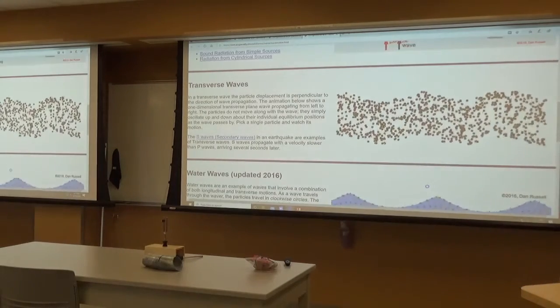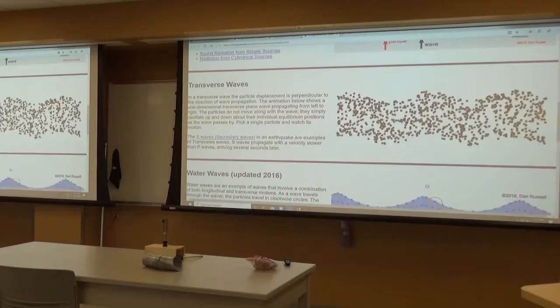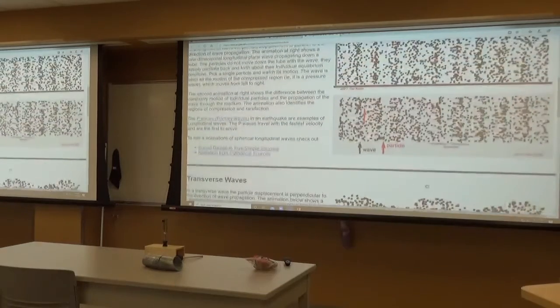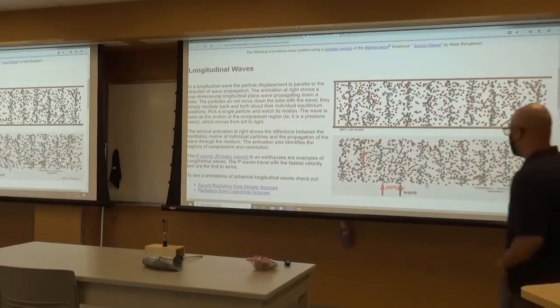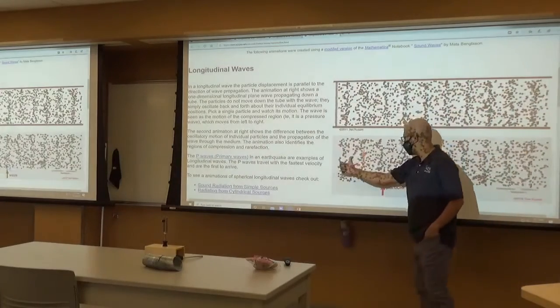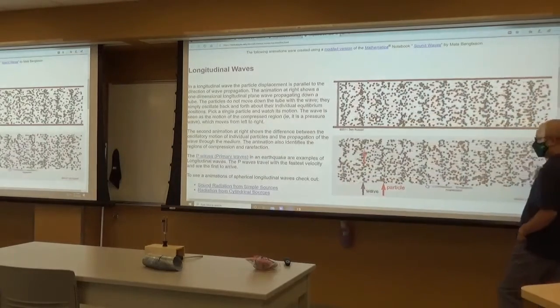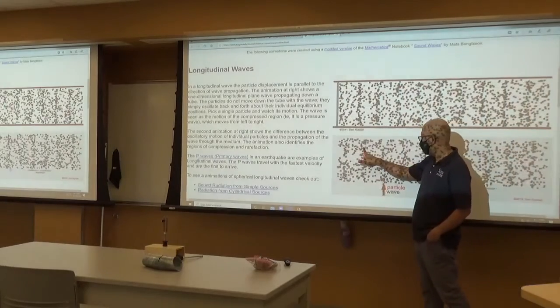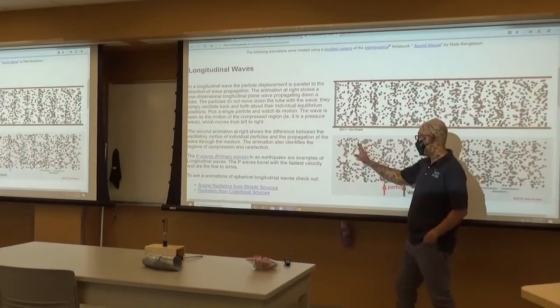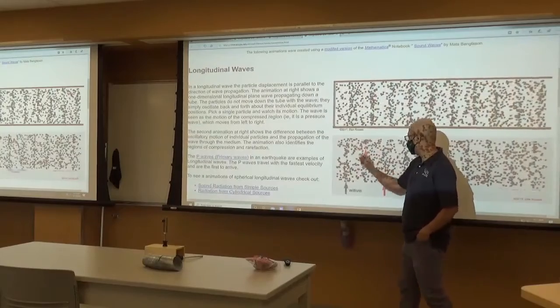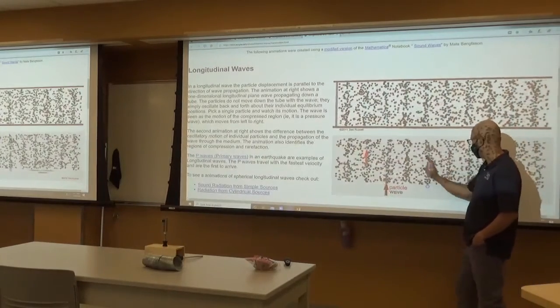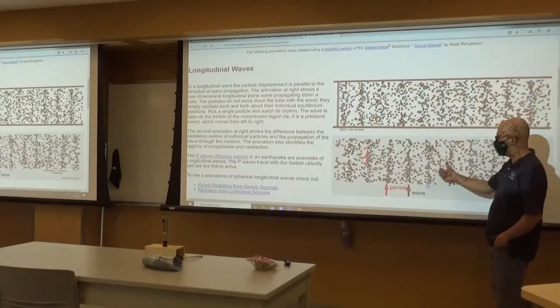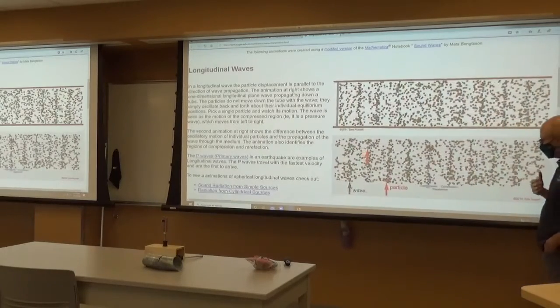Whereas another kind of wave is called longitudinal wave. See here. In case of longitudinal wave, the wave is propagating along this direction, and the molecules are also moving along the same direction. It's going back and forth along the same direction. So each of these molecules moves back and forth like this, in the same direction as the direction of propagation.